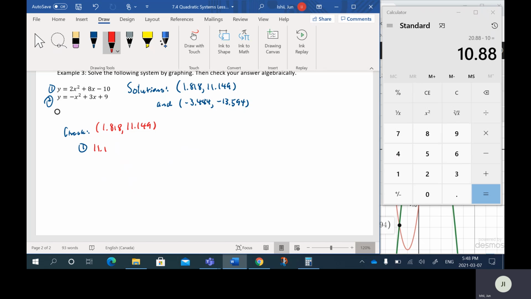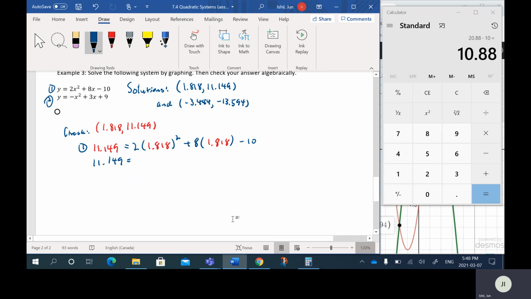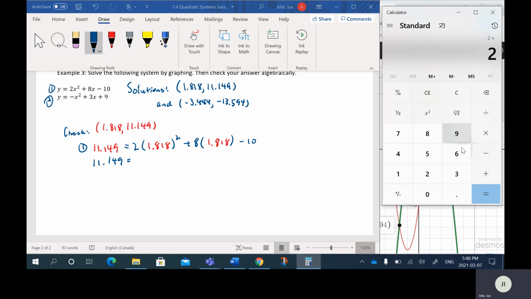So 11.149 equals 2 times 1.818 squared plus 8 times 1.818 minus 10. All right, let's see what we get here. So 2 times 1.818 squared.